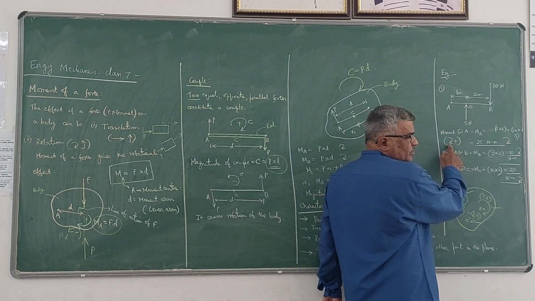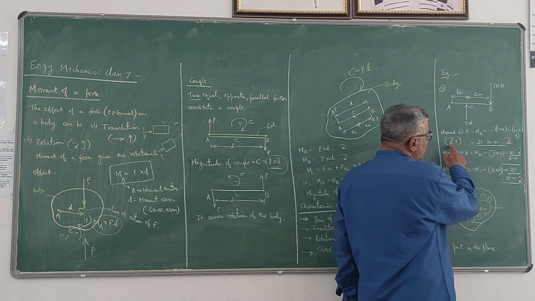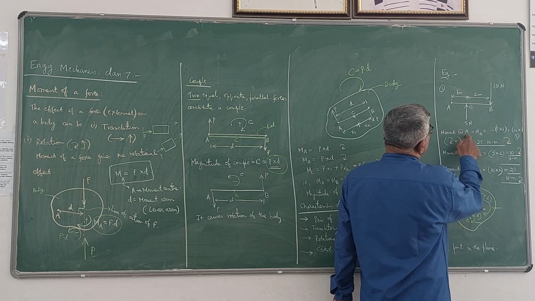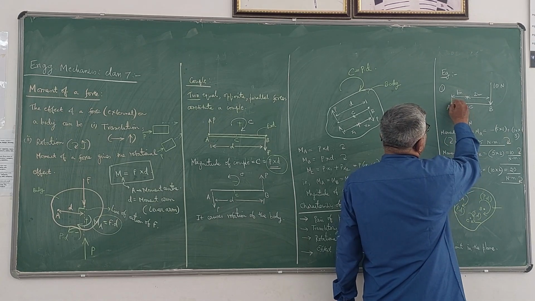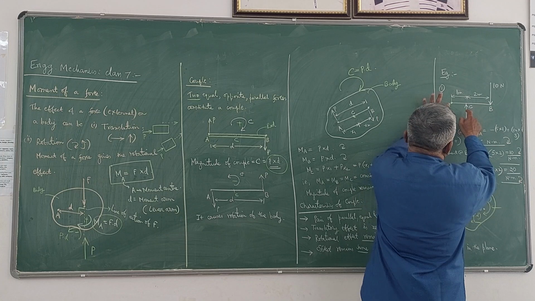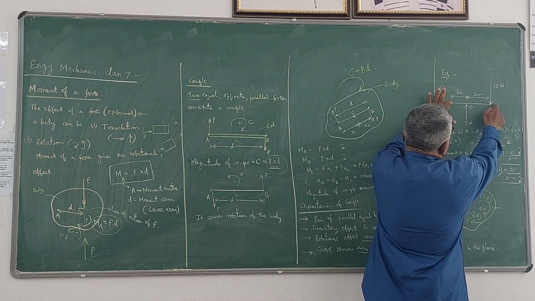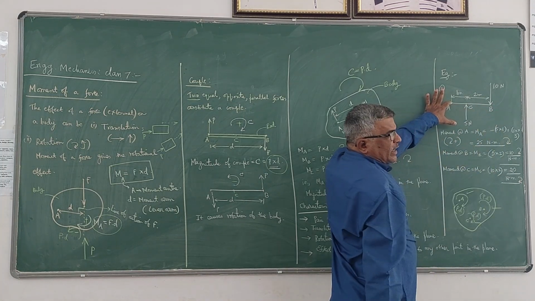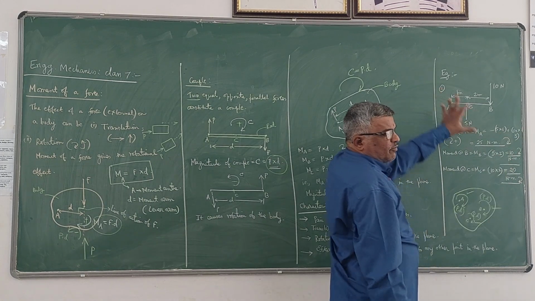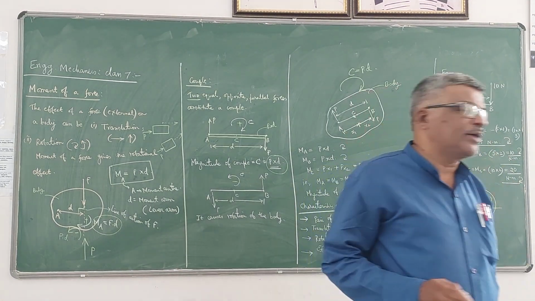Considering clockwise moment as positive and anti-clockwise as negative, the moment about this point A will be, I have to take the moment of this force as well as the moment of this force about the point A. That means distance should be measured from point A. That is very important.